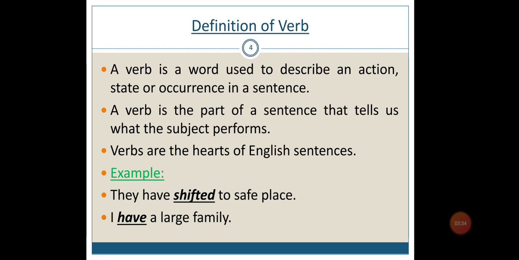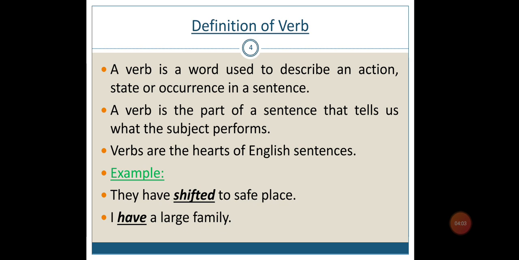Verbs are the hearts of English sentences. Without a verb, we cannot form a correct sentence in English language. Look at the examples below. They have shifted to a new place. I have a large family. All verbs do not express action.